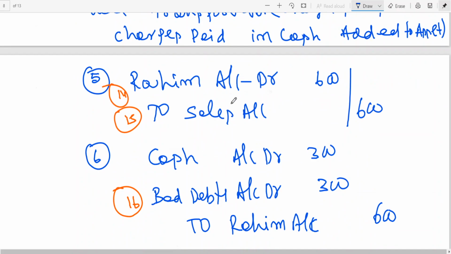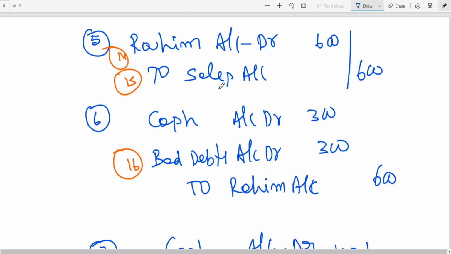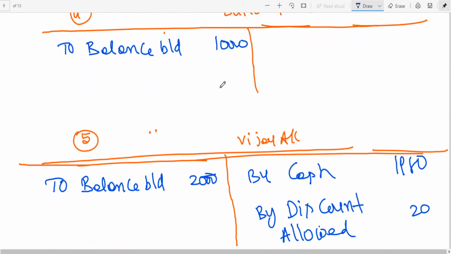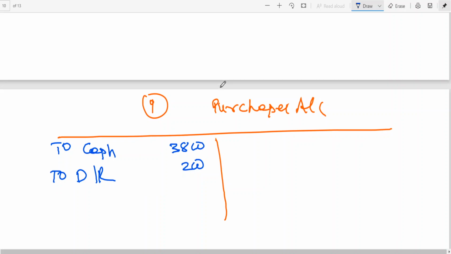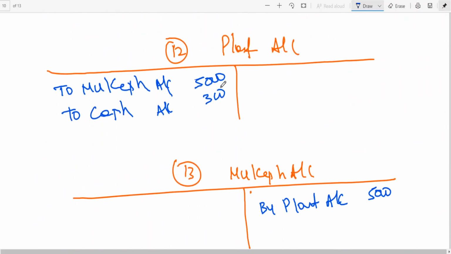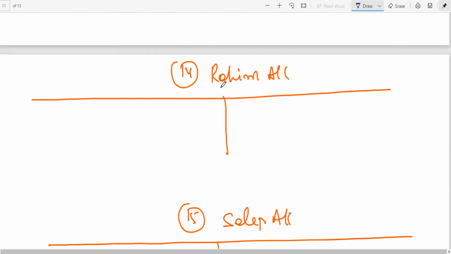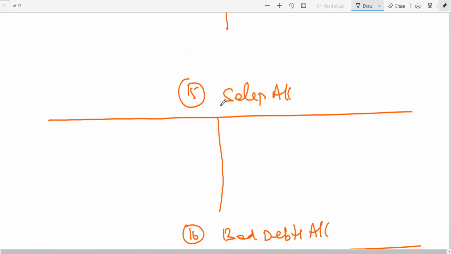Rahim to sales. Then cash, bad debts to Rahim. So let me complete this. Rahim to sales. Rahim account debit side, to sales 600. In sales account, Rahim to sales.